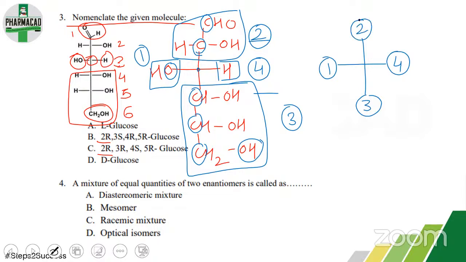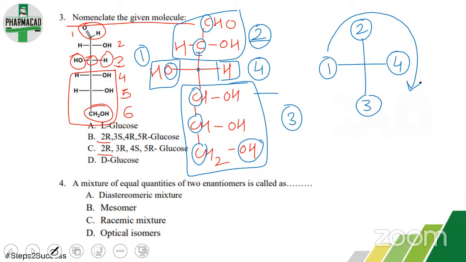Now we have to check the rotation from 1 to 2 to 3, and the fourth group is negligible. Okay, so when we will rotate in this manner, this is in the manner of clockwise. But there is one rule, if you remember, Kahn and Gold rule says that the least priority group should be on vertical line.